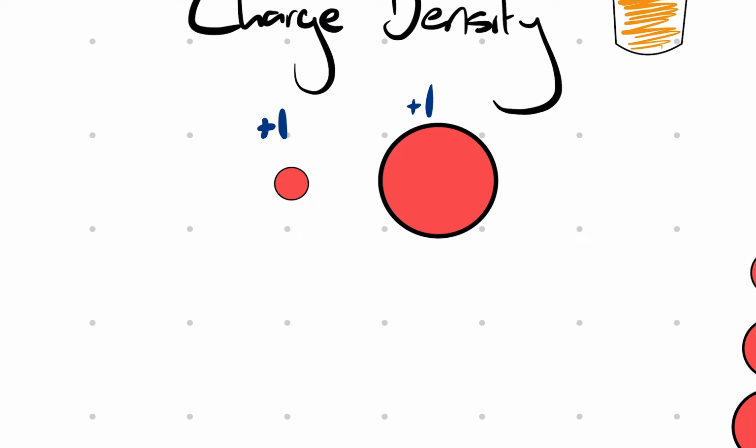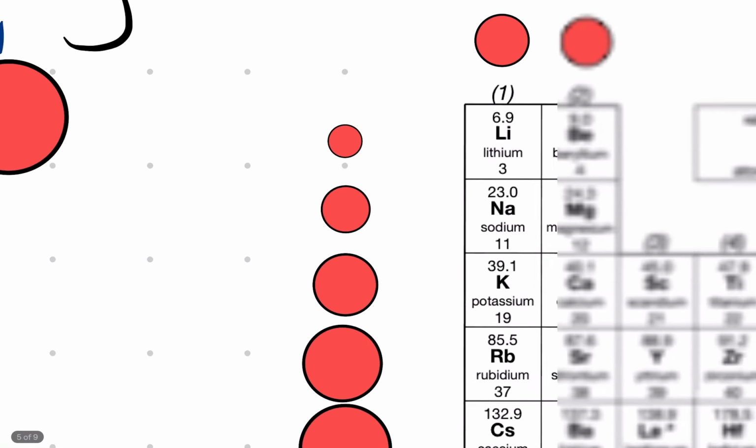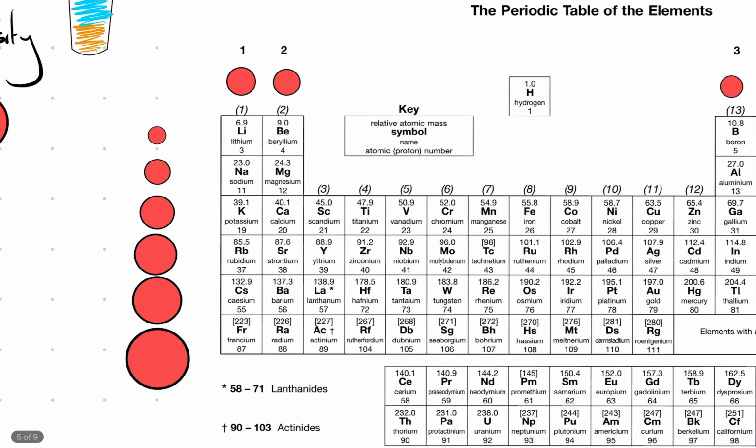So the attraction between the positive metal ion and the delocalized electrons is going to be felt much more strongly. Whereas this +1 charge here, because it's over a bigger ion, is going to be felt less strongly, because that +1 charge is spread across the whole ion.